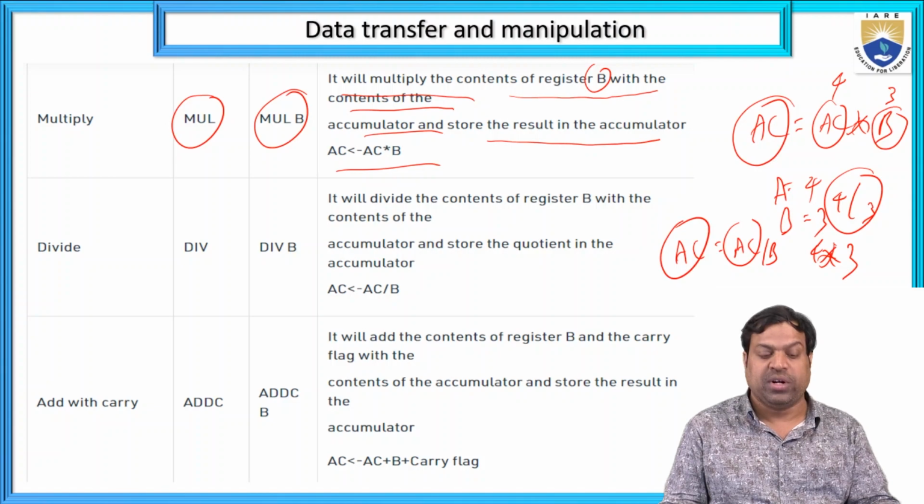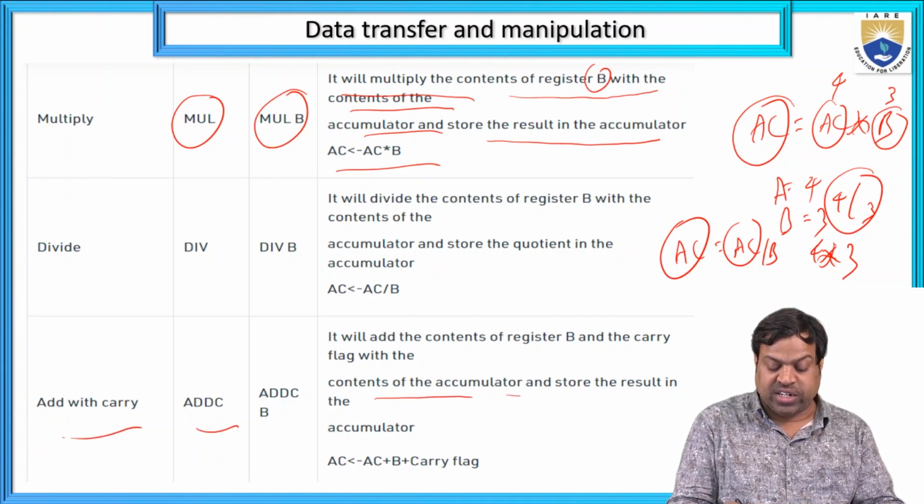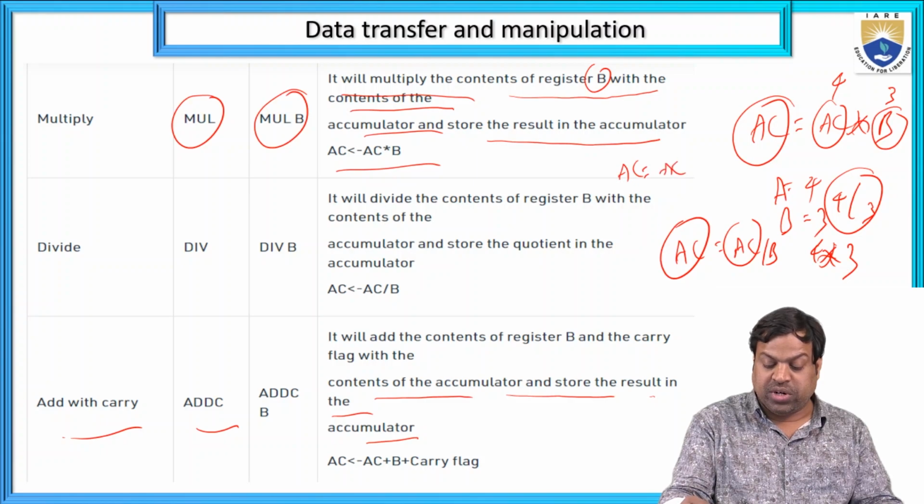The result is stored in the accumulator. And add with carry, ADDC, adds the contents of B and the carry to the accumulator and stores the result value in the accumulator. That is, accumulator equals accumulator plus B plus carry flag.